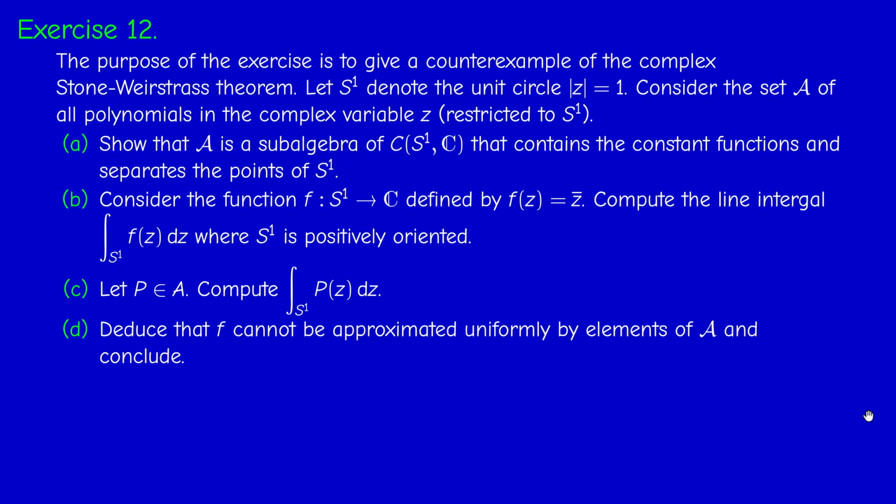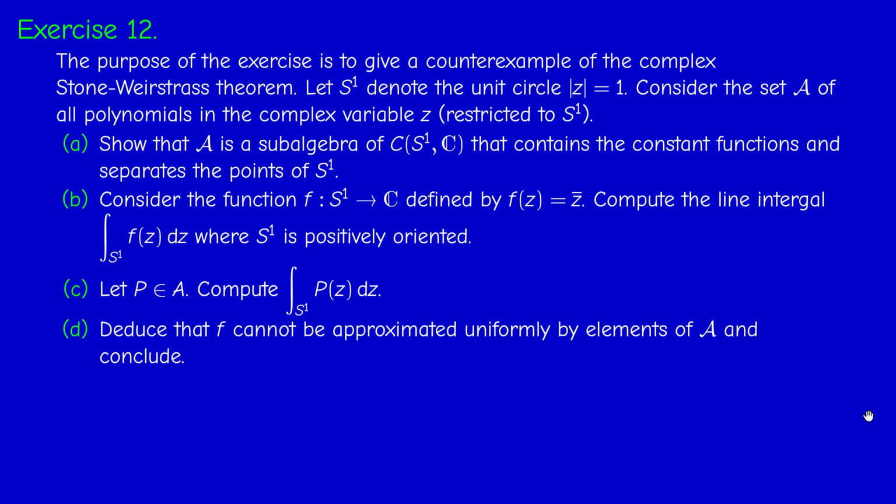Okay, so the real form does not hold when we replace R by C. So we need an extra assumption. Okay, so the purpose of this exercise is to give a counterexample.